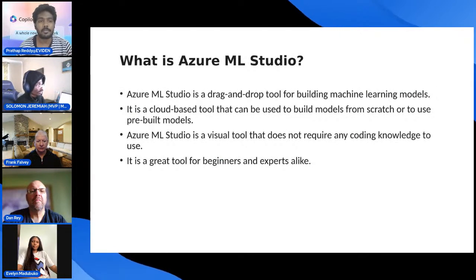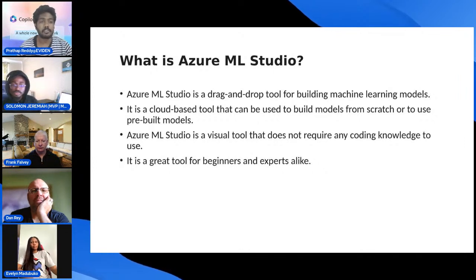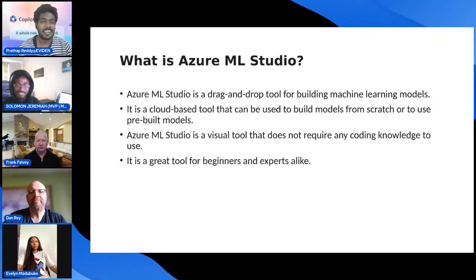Today I'm going to present some basic stuff about Azure ML Studio. In Azure we have lots of studios, and recently at the Ignite session they introduced Copilot Studio as well. Like that, we have the Azure Machine Learning Studio.